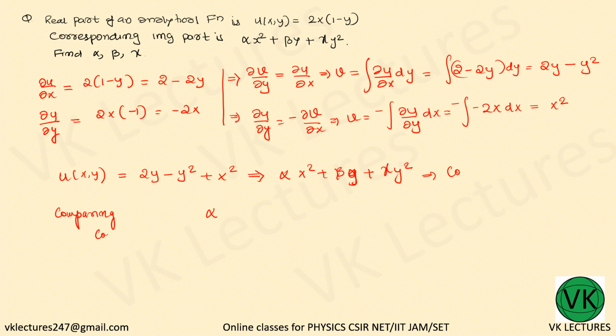Comparing coefficients of alpha x squared, so alpha equal to 1, then beta y, so beta equal to 2, and gamma y squared, so gamma equal to minus 1.